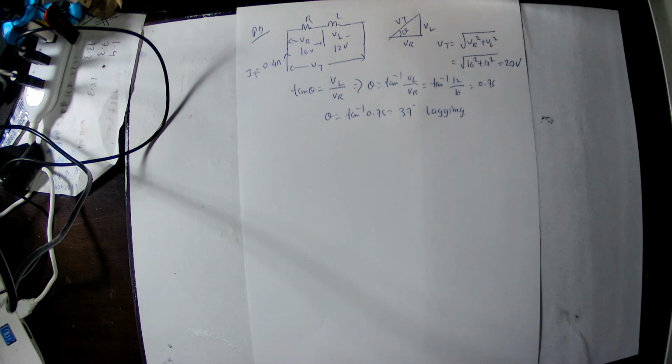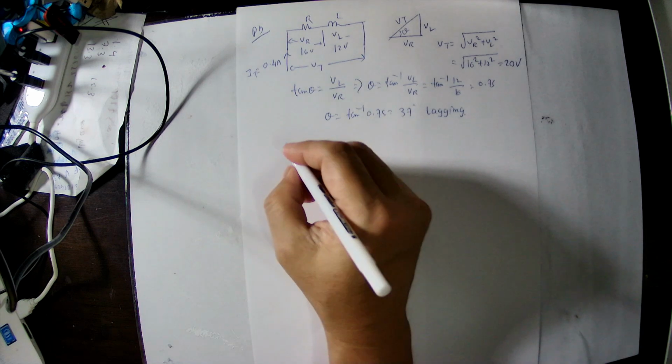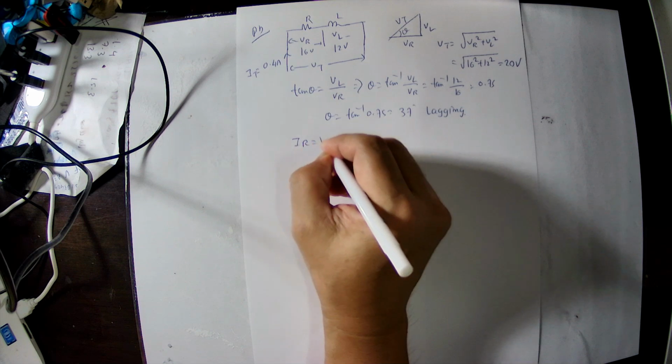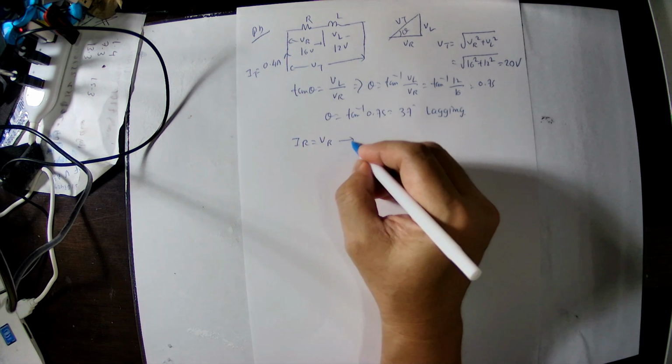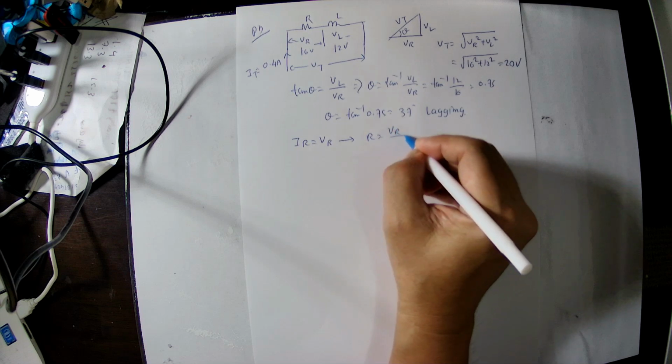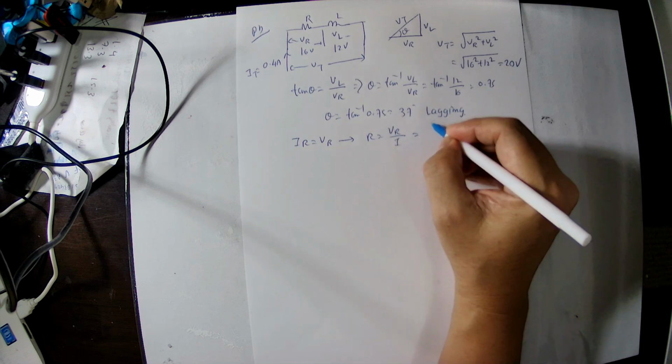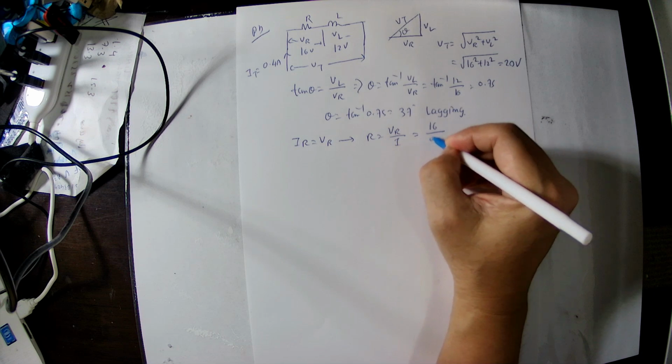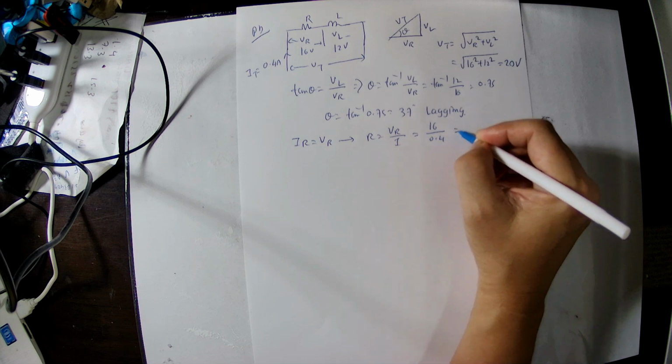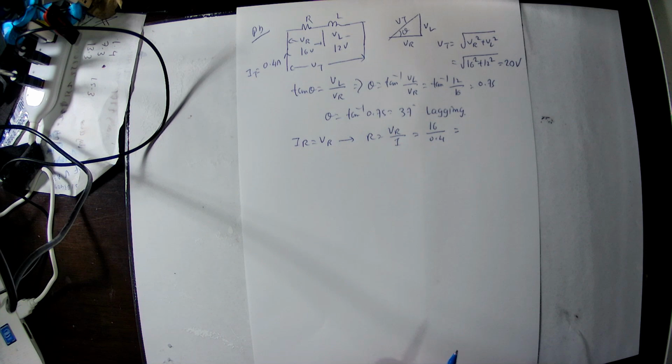So we can find the resistance R. IR equal to voltage drop across the resistor, therefore R equal to voltage drop across the resistor divided by I. Voltage drop across the resistor is 16 volt, current is 0.4 ampere, so you can calculate that will be 40 ohm.